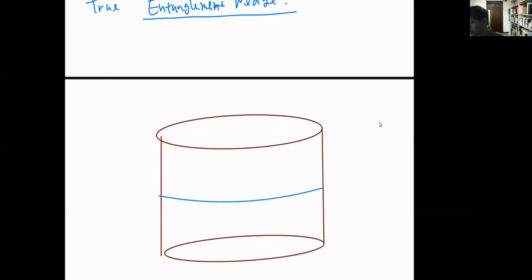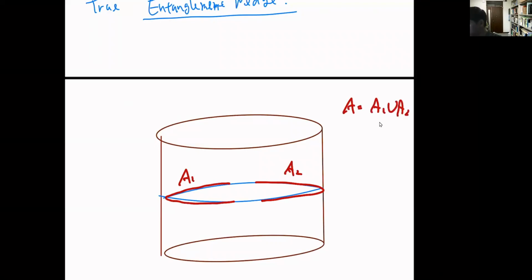This is a time slice. This is a time slice. And so you can choose subsystem A to be this kind of disjoint union, A1 and A2, A1 union A2. In that case the entanglement is highly non-trivial.